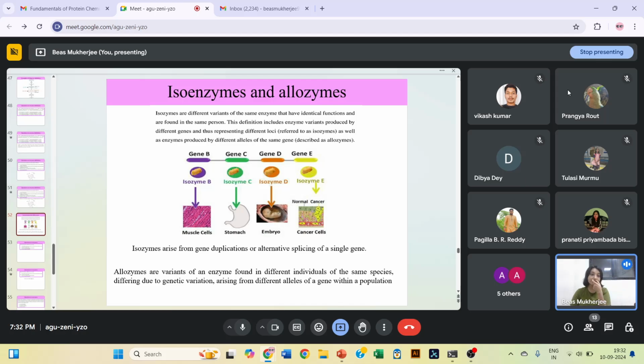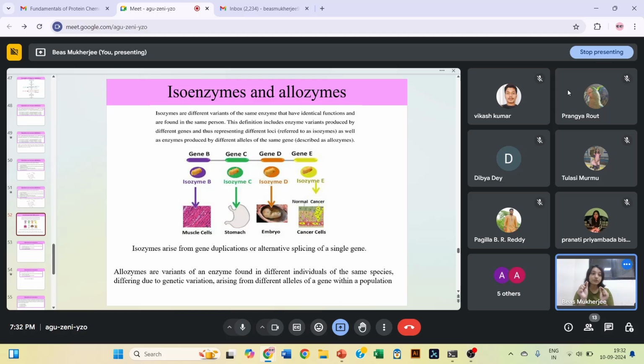So different alleles means, for example, for your blood group, you know that two different alleles give rise to a blood group in a person, right? For example, if your blood group is AB, then it is allele IA and IB.